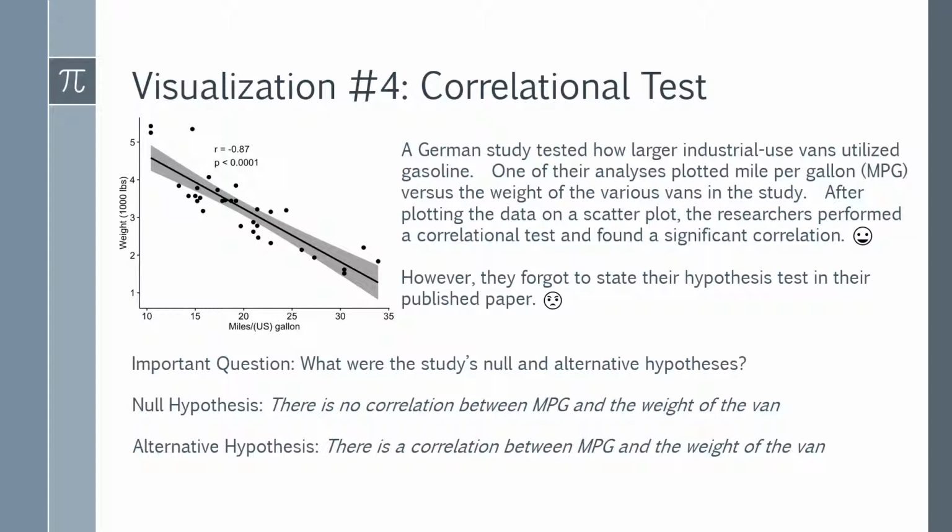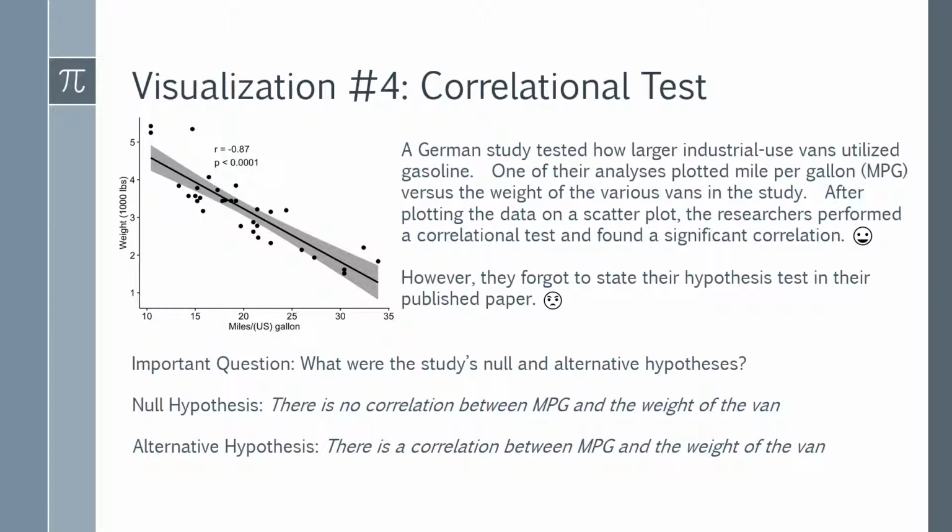However, in this case, they forgot to state their hypothesis test after they found a significant correlation. So when we write the null hypothesis, it could be written as there is no correlation between miles per gallon and the van weight. The alternative hypothesis can be written as there is a correlation between the miles per gallon and the weight of the van.